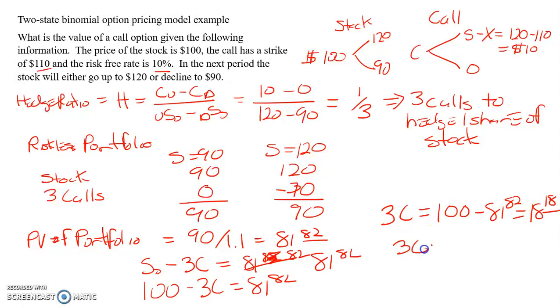So the cost of 3 calls is $18.18. So 1 call is just 18.18 divided by 3, which is $6.06. So we've calculated the value of a call.